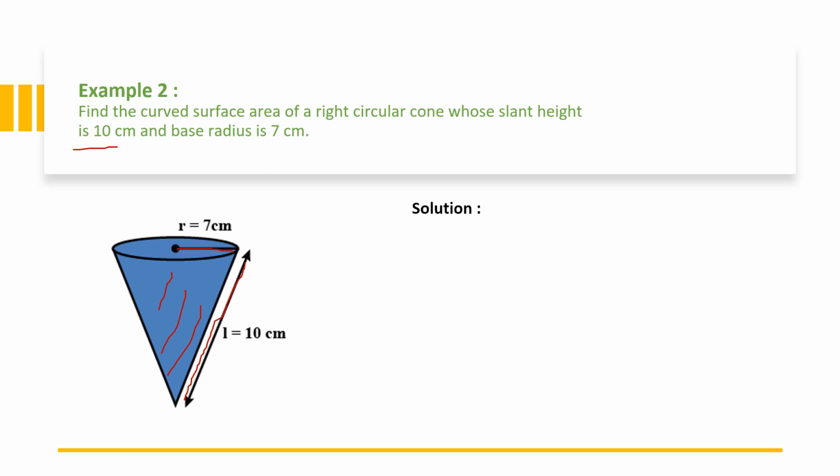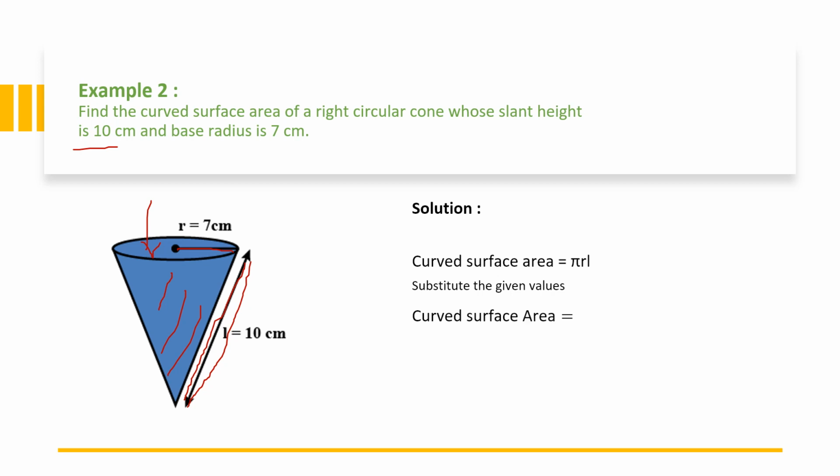The curved surface area is equal to pi r l. Just now we derived it. Where pi is equal to 22 by 7 or 3.14, r is the radius of the circular base, and l is the slant height. Let's substitute them. Simple, right?